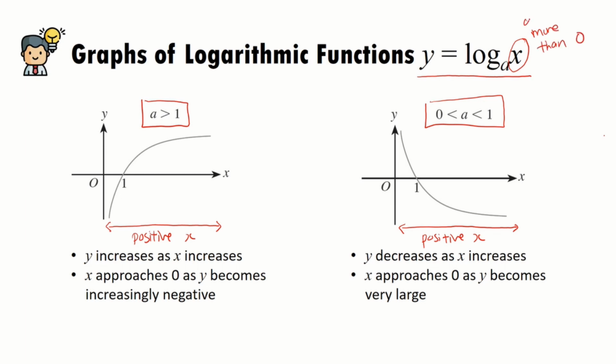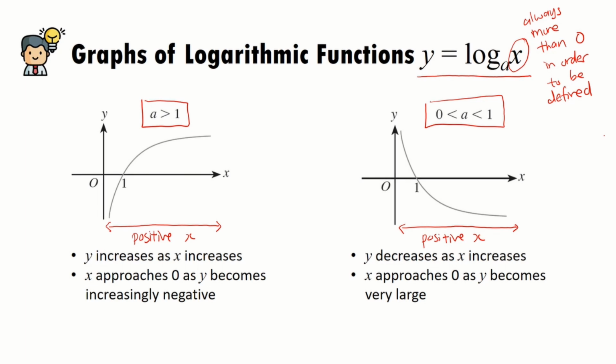So always more than 0 in order to be defined. That's why our graph will always appear on the right hand side of the y-axis, or in other words, on the positive x-axis side.